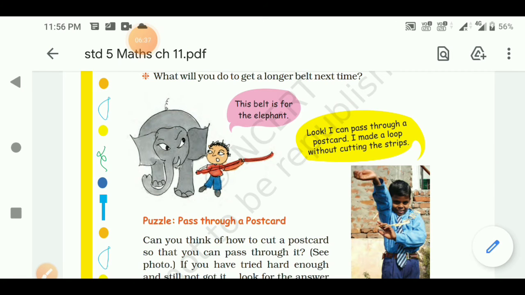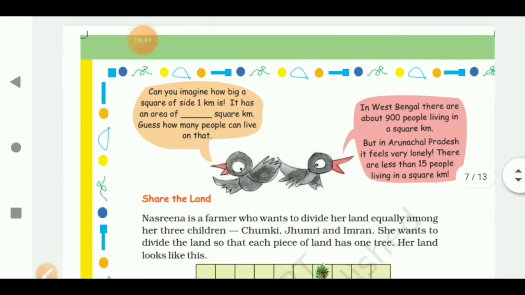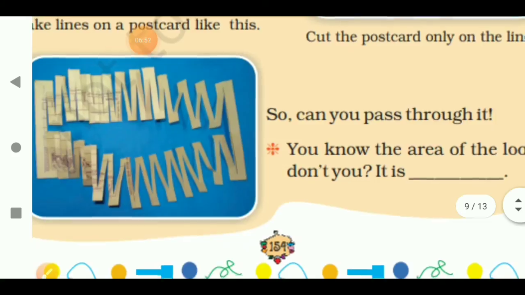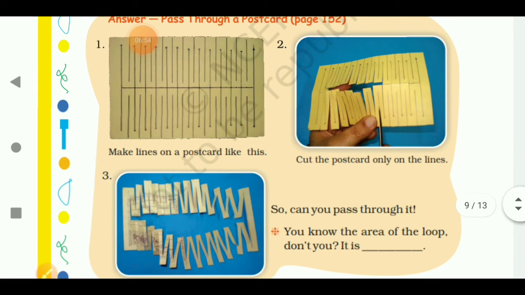Look, I can pass through a postcard. I made a loop without cutting the strip. So children, this activity is given on page number 154. Here you can follow all the steps to get this loop. First, make lines on a postcard like this.